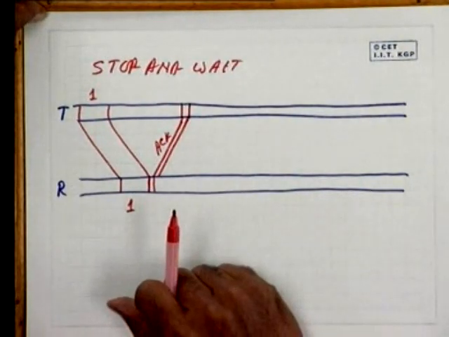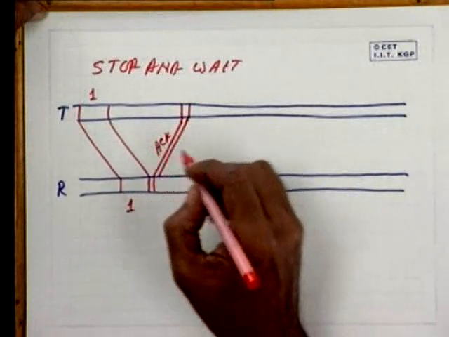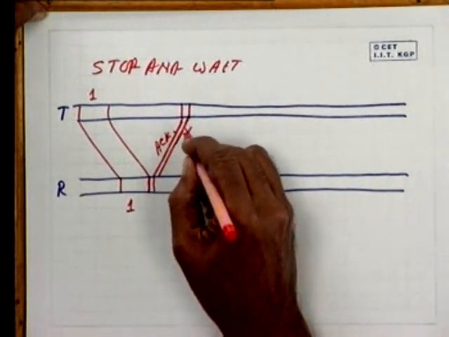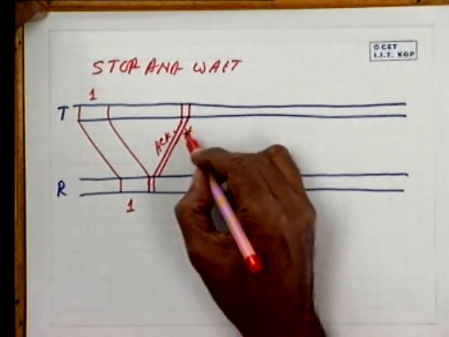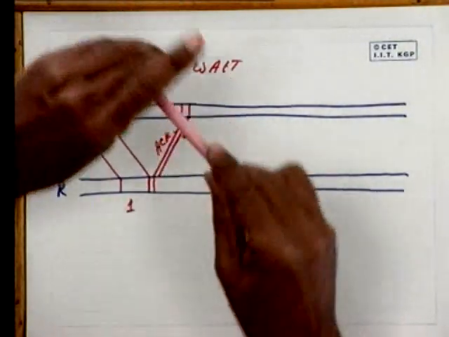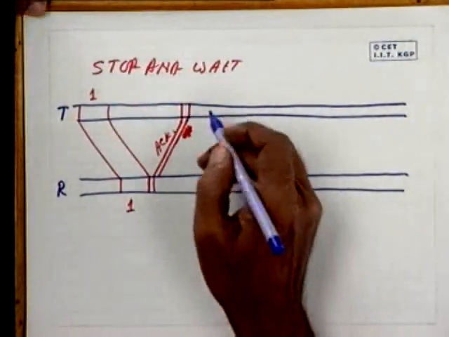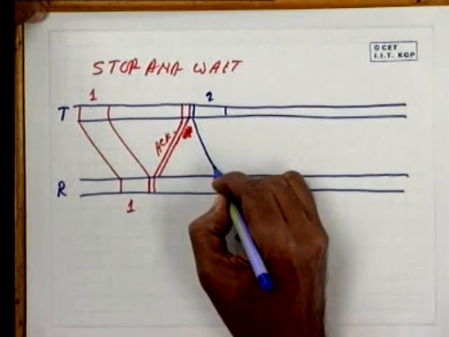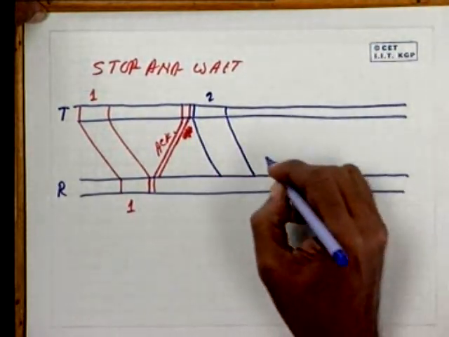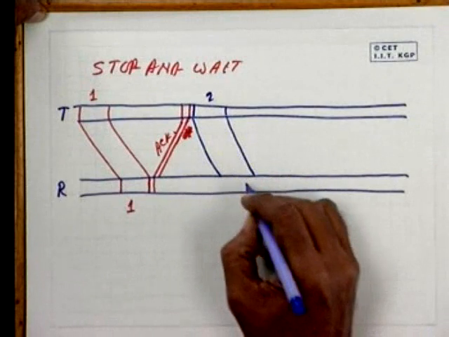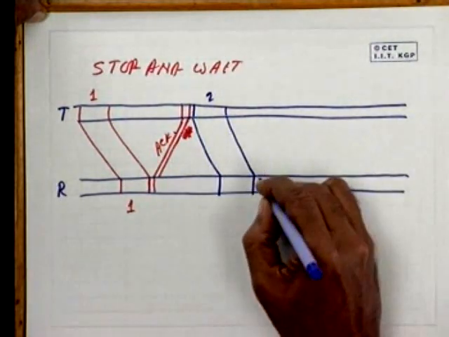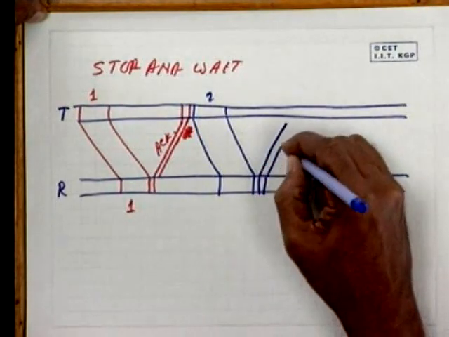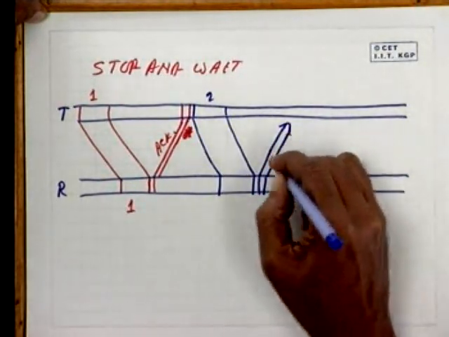Now suppose this particular acknowledgement is lost. Or let us take another one. Let's assume it sends the second frame, and it has been received correctly, but the acknowledgement that is being sent is lost.